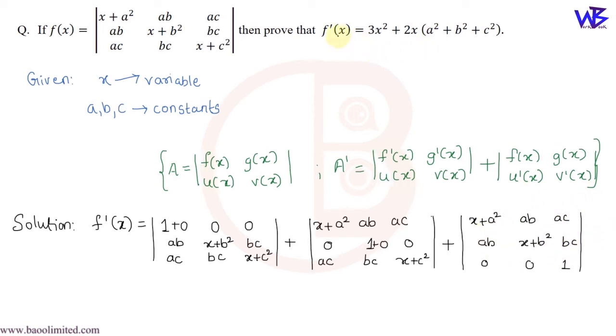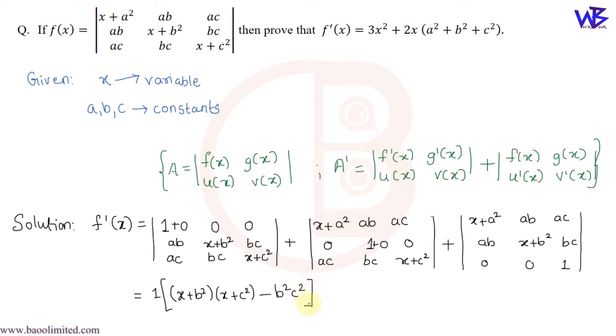Now, to get the expression of f dash of x that is given in the question, we will simplify these three determinants further. So, f dash of x is equal to, simplifying this first determinant, we get 1 into x plus b square, x plus b square into x plus c square, minus b into c into b into c gives b square c square.